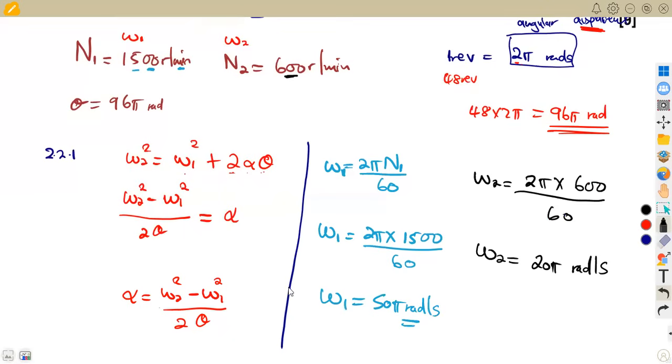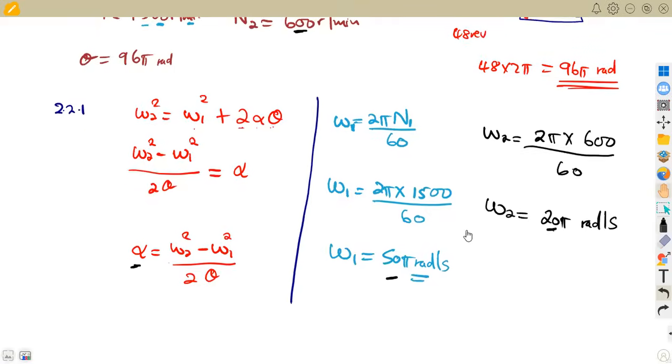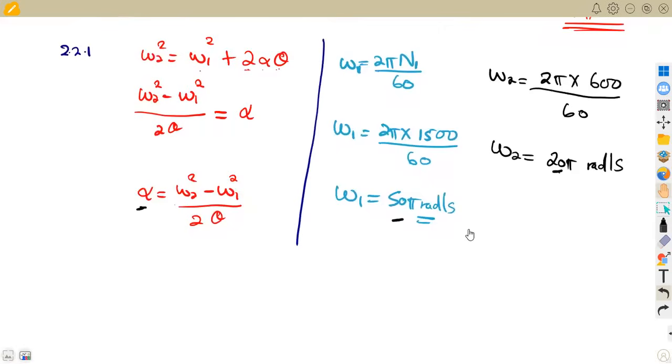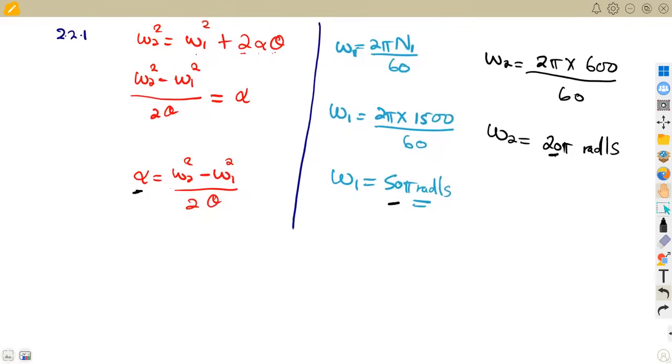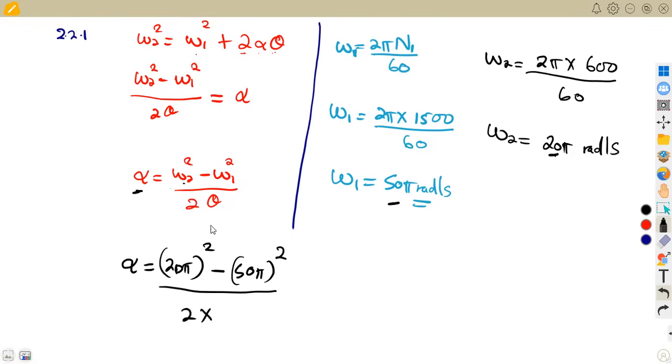All right, we have omega 2, we have omega 1. Now we can calculate our angular acceleration. Take note, sometimes your formulas might be limited, and that's why you have to start your formulas from your N3 part. So our alpha is going to be omega 2, which is 20 pi, squared, minus omega 1, which is 50 pi, squared, everything over 2 times our theta.